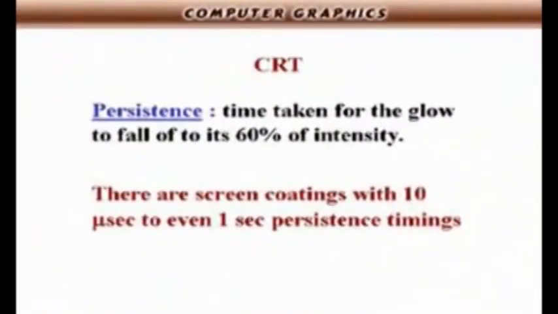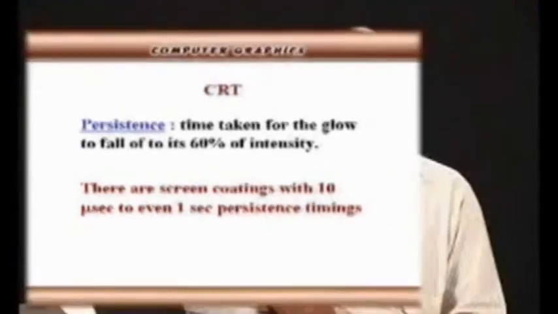But the phosphor has a certain property of retaining glow for a short duration. This is called persistence. Persistence is the duration through which the glow remains even when the beam is switched off. Normally the limit is taken as 60% of its original intensity. The persistence of different materials vary. They may be as low as a few microseconds to as high as 1 second.